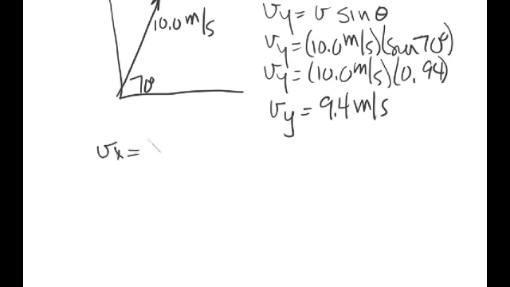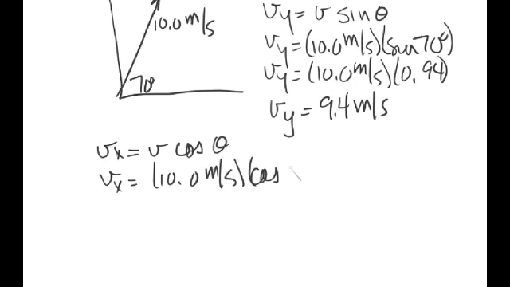Horizontal velocity v sub x, v cosine theta. V sub x is equal to 10.0 meters per second, cosine 70 degrees.